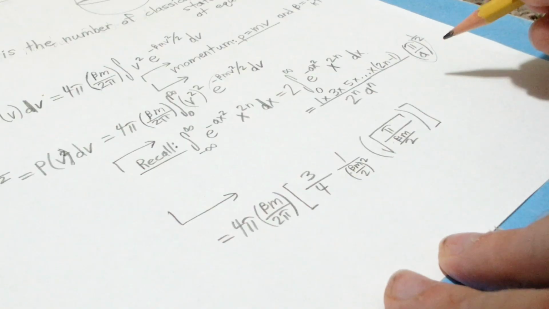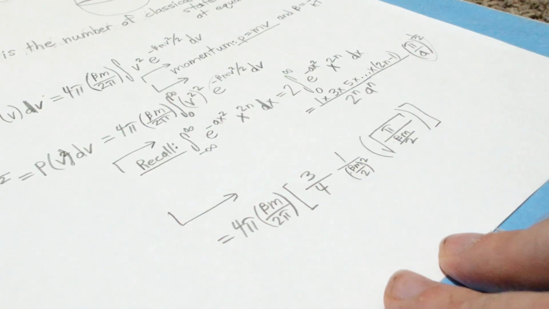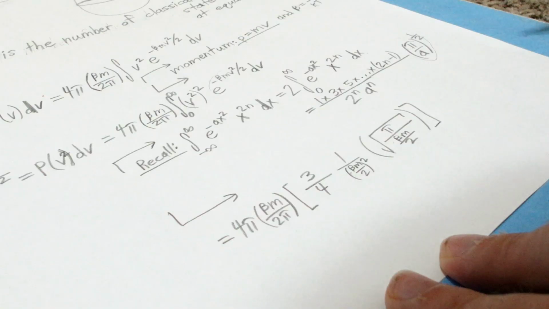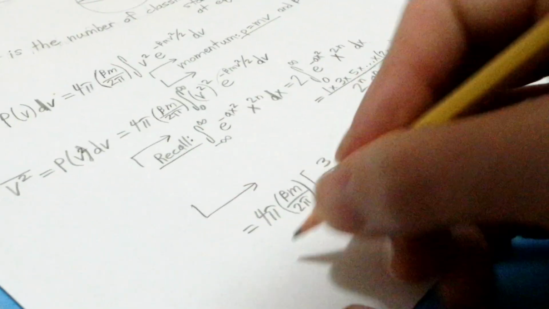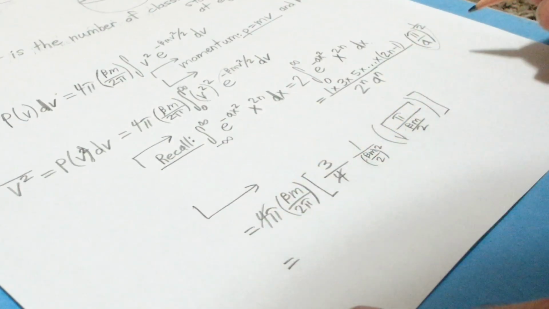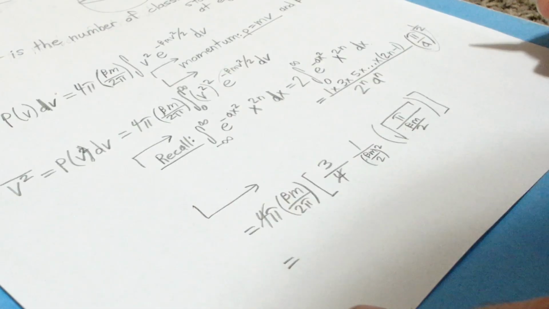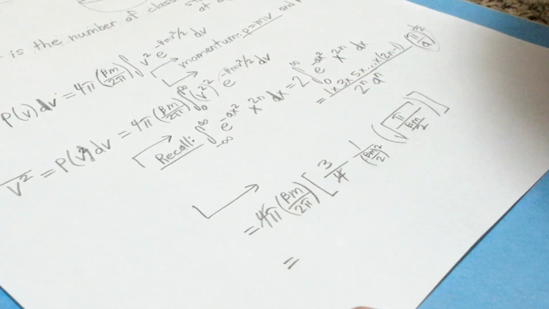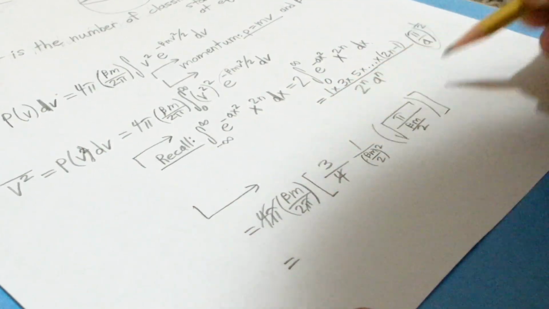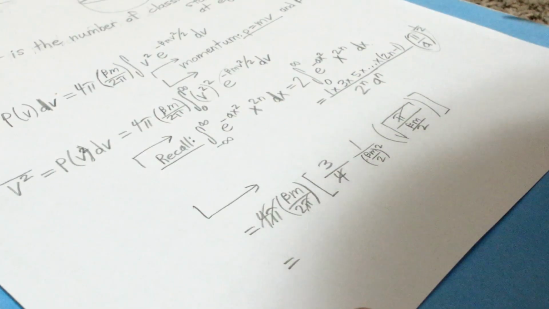And so we can go ahead and start canceling some terms and combining our constants together, which the 4 here will cancel, as well as the square root of pi will also cancel.